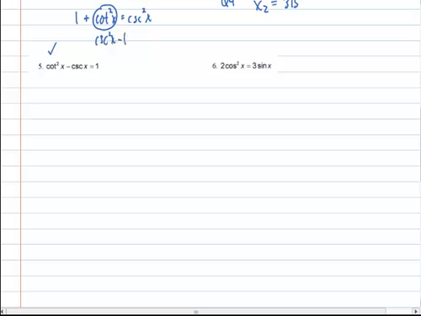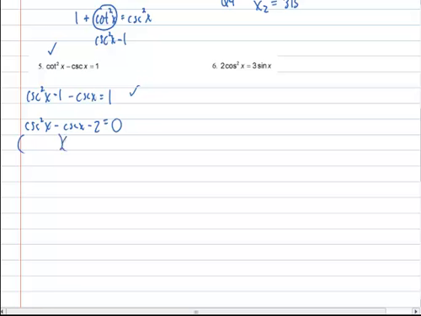So we're going to just make that replacement. And I have minus cosecant of x equals 1. And remember, when you have nonlinear equations, everything moves to one side through addition or subtraction. So I have cosecant squared of x minus cosecant of x minus 2 equals 0.